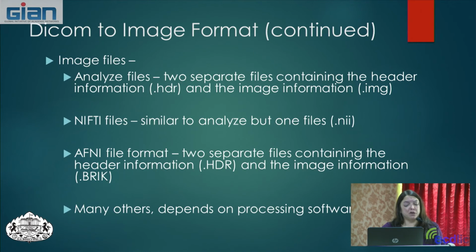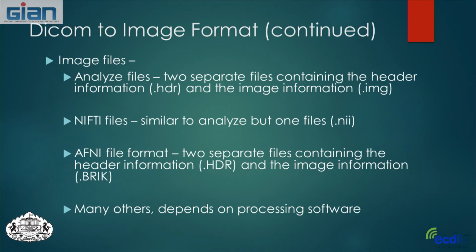There are other software packages. One is called AFNI. We'll look at software packages a little bit later, but not today, another day. Some of these have also developed their own image types. In the case of AFNI, they also have this two-file system where they have a header file, but their image file is called a .brick file.